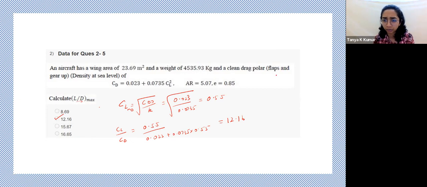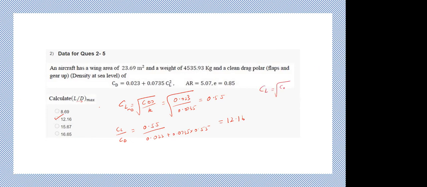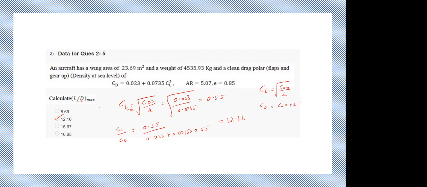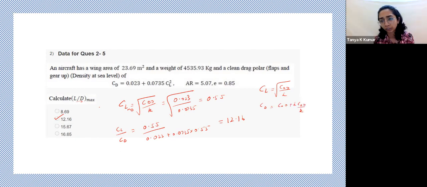Let's just try it a different way. So your CL was CD naught by K. CD is CD naught plus K CL square, which will be CD naught by K, which is 2 CD naught. So CL is 2 CD naught. Right, so you're getting this value as 0.55.